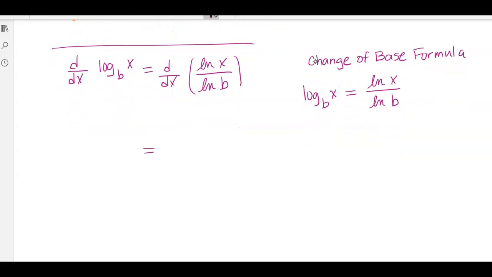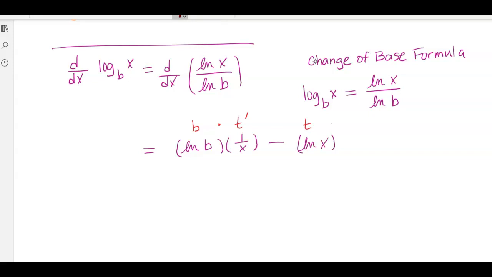So I have whatever's on the bottom, natural log of b, times the derivative of the top. We just saw that that was 1 over x. So I'll write this here. This is the bottom times the derivative of the top minus the top, that's natural log of x, times the derivative of the bottom.